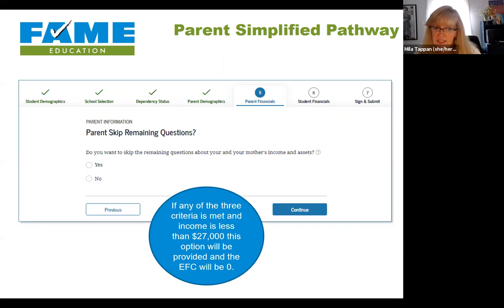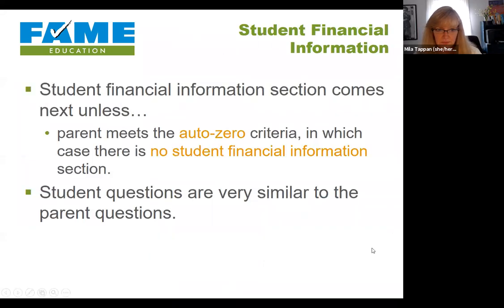This will allow them to skip all of the remaining parent income questions. It will allow them to skip all of the parent asset questions, and it will allow them to skip all of the student financial questions, all of them. You won't even see section 6 here. The student financial information section is virtually the same as the parent section in terms of the questions asked.